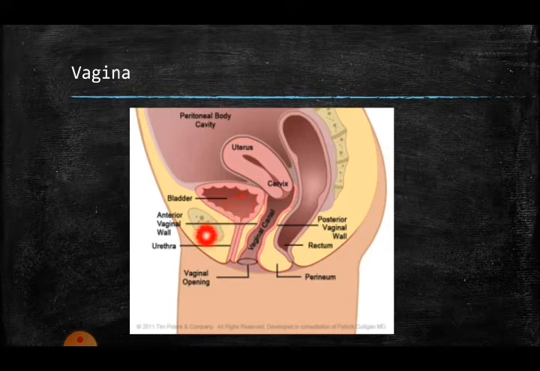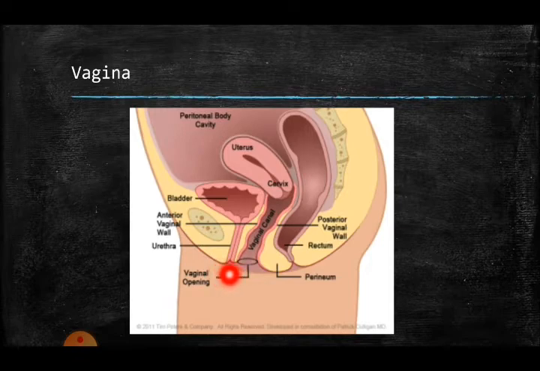Once again, starting from the most anterior part, this structure here is the pubic bone, and posterior to it you can see a structure that we are calling the bladder, and this is the urethral opening here that we discussed in our yesterday's lecture.